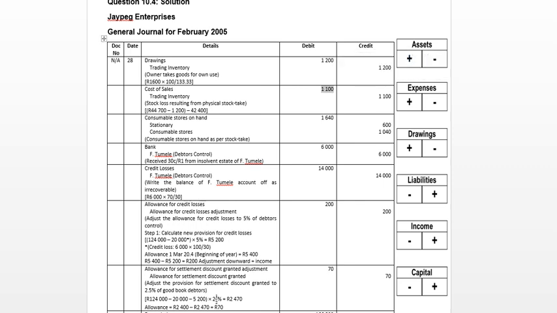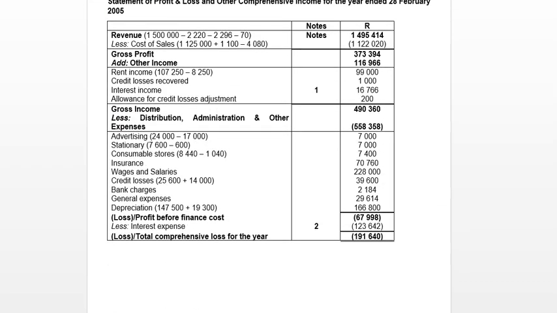So our cost of sales expense has to increase. So we need to add this 1,100 Rand to our cost of sales. So we've got our cost of sales of 1,125,000 Rand plus then the 1,100 Rand of stolen goods, by which our cost of sales has to increase that expense, less our settlement discount of 4,080 Rand.